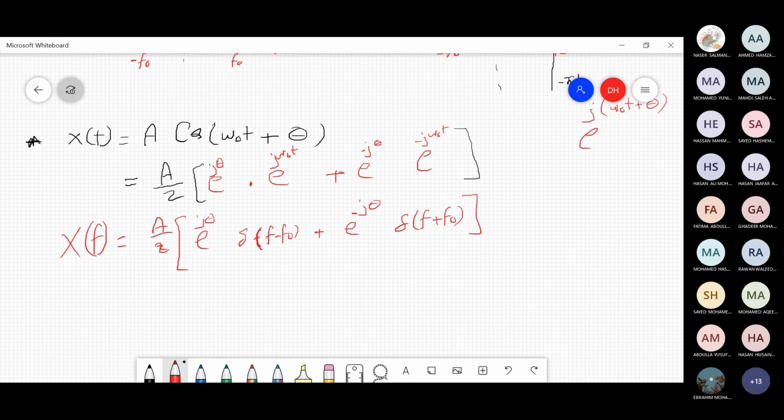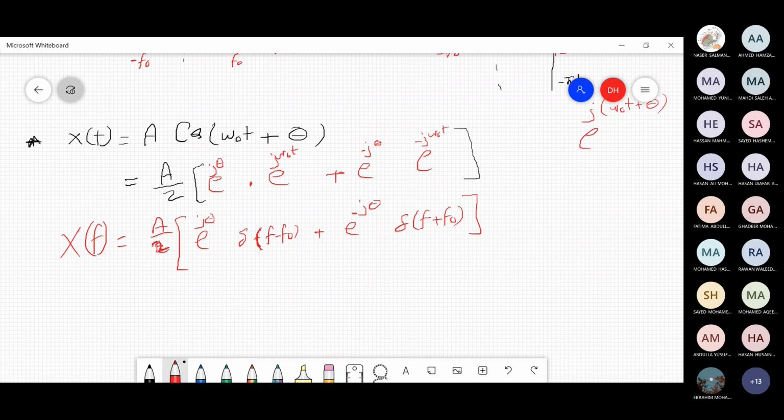Notice the following here. The magnitude will be exactly the same, because the magnitude of this is equal to 1 multiplied by A divided by 2.